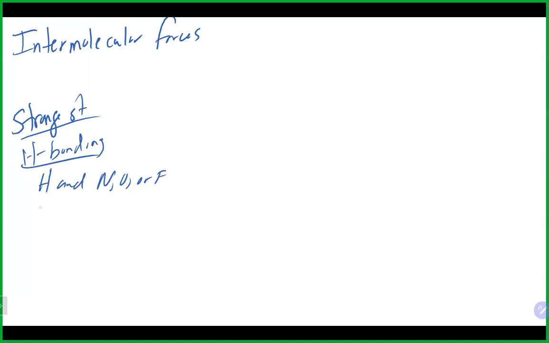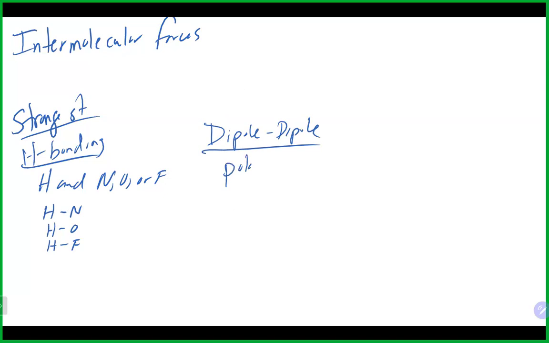And it will usually have one of these bonds in it, the H-N, H-O, H-F type bond. Next strongest and pretty strong as well is dipole-dipole interaction. And again, this is what polar molecules will use that cannot hydrogen bond.